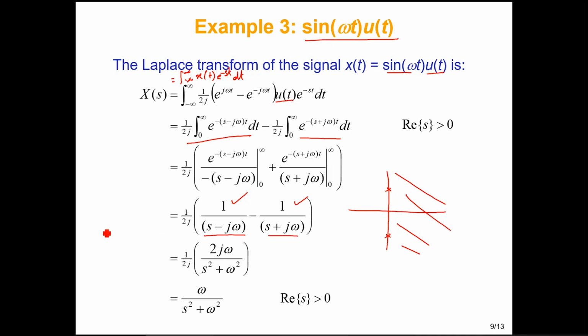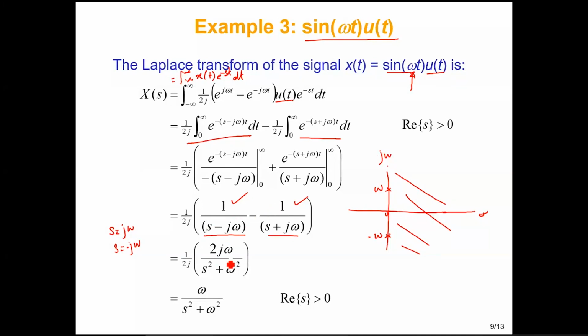So the poles that you get are located at s equal to j omega and s equal to minus j omega. Depending on the value of this omega, you will have a value here and a value here. This is your j omega axis, this is your sigma axis. So we have two poles, and the region of convergence, interestingly, would be the right hand side because it is a causal type of thing.